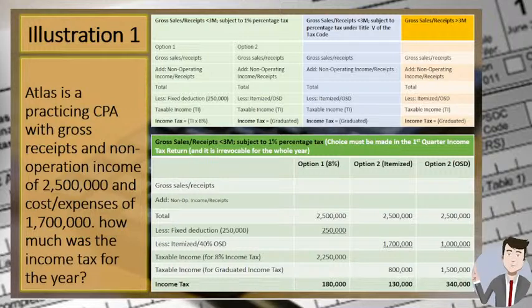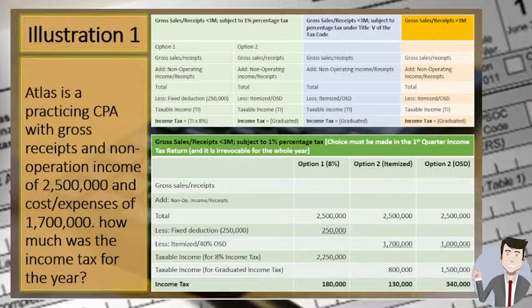Otherwise, he would choose the second option, graduated income tax, and instead of using OSD, he should use the itemized deduction.